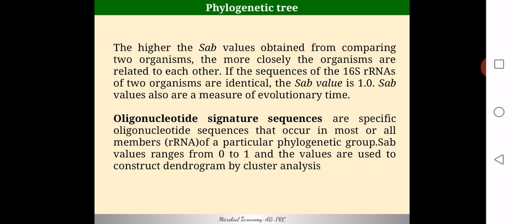Right, and the value of SAB lies between 0 and 1. 1 is the maximum value and 0 is the minimum value. So if the value is 1, it means these two organisms are identical. Right, if it is 0.5, they are 50% similar. So in that way you can use this SAB value for the characterization and identification of organisms.